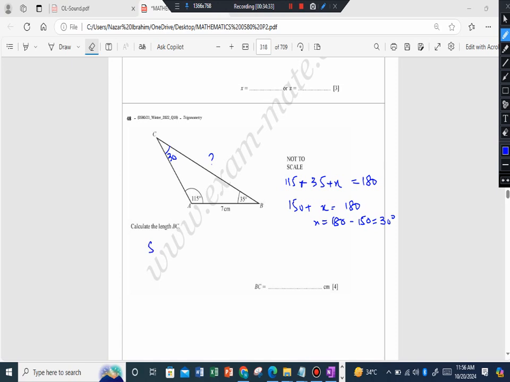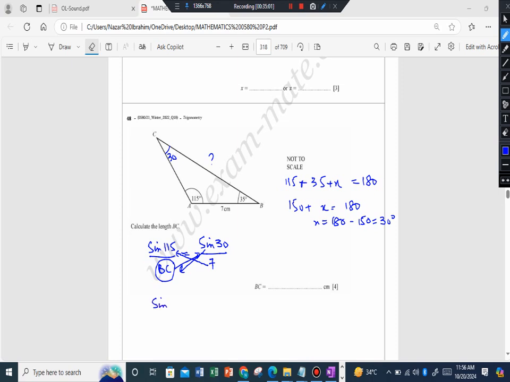So sine 115 upon the opposite side, which is BC, which is unknown to me, is equal to sine 30 and its opposite side, 7 centimeters, right? So if I want to calculate BC, it will go over there, 7 will come over here, sine 30 will come downstairs, in the denominator.